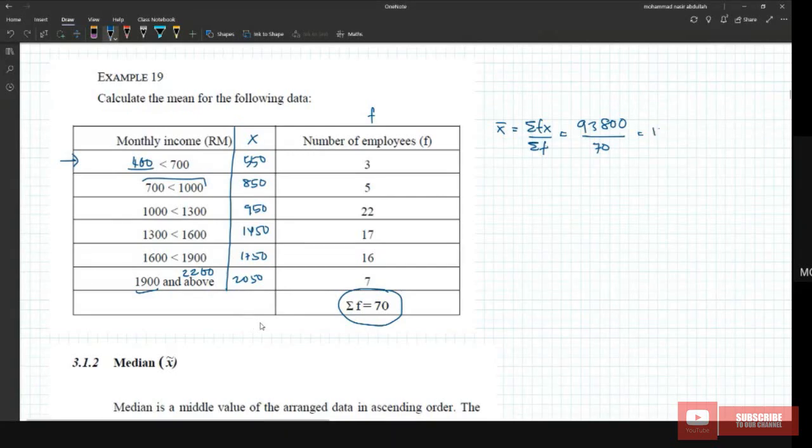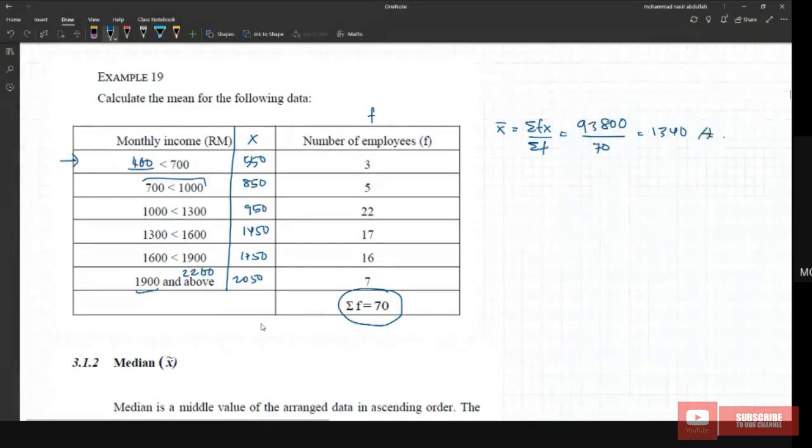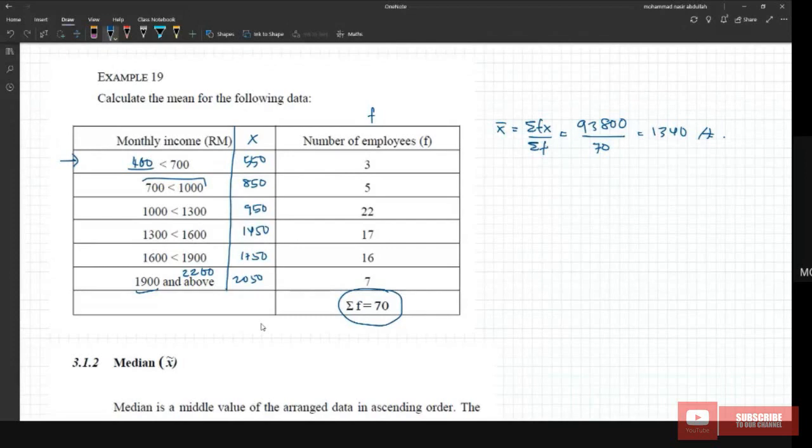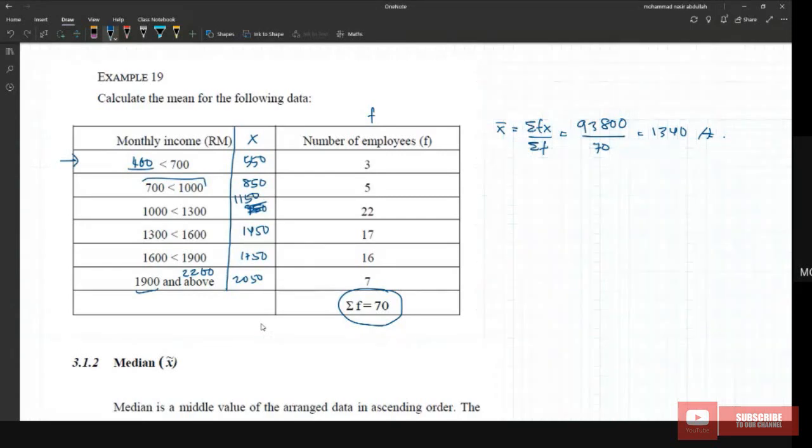Is equal to 1340. Oh, so this one should be 1150, right? Yeah, correct. So kita ubah data. Kalau you salah, you boleh ubah data balik dalam calculator. No need to key in again.